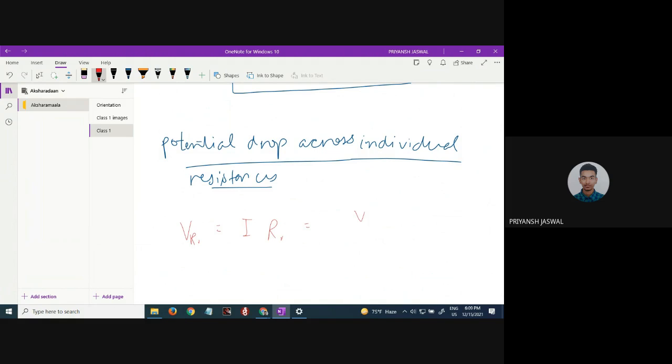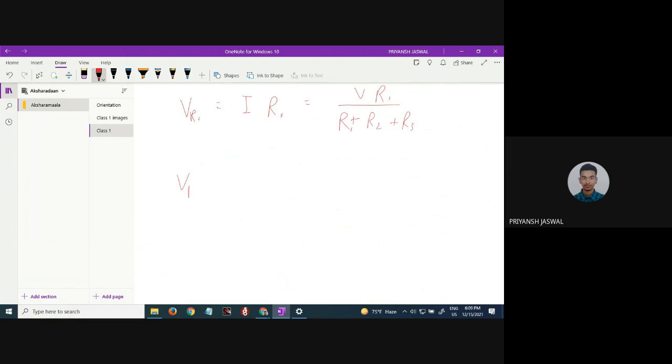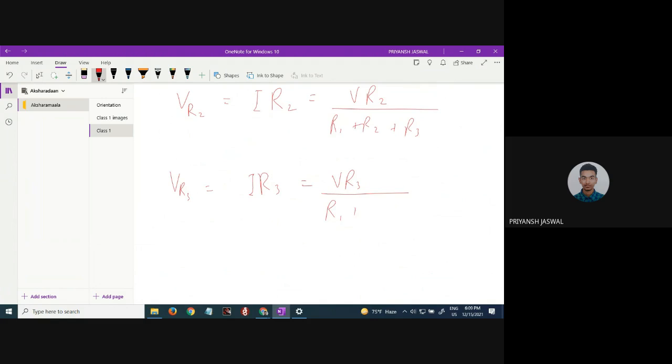So it will become V times R1 upon R1 plus R2 plus R3. Similarly, for resistance 2 and resistance 3, VR2 is V times R2 upon R1 plus R2 plus R3. And VR3 is I times R3, which is V times R3 upon R1 plus R2 plus R3.